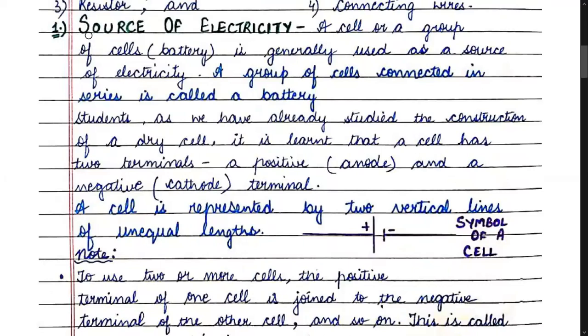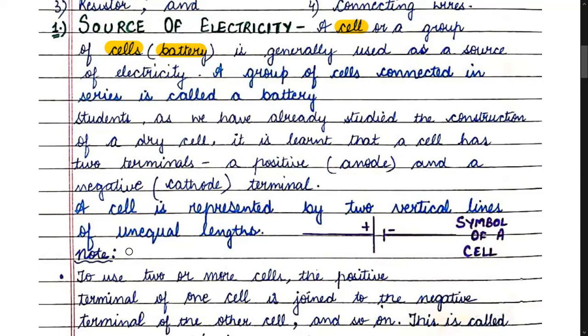Firstly, we will be studying about the source of electricity. A cell or a group of cells. A group of cells is also known as a battery. So a cell or a group of cells is generally used as a source of electricity.